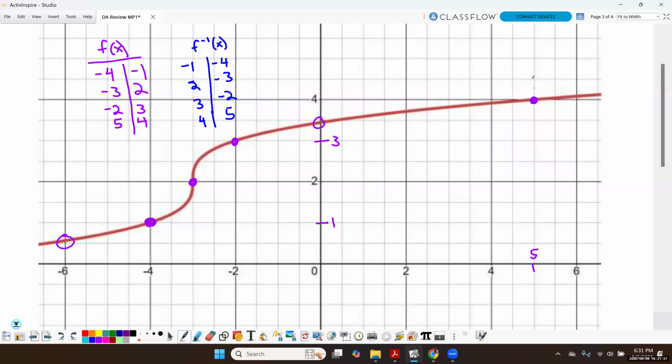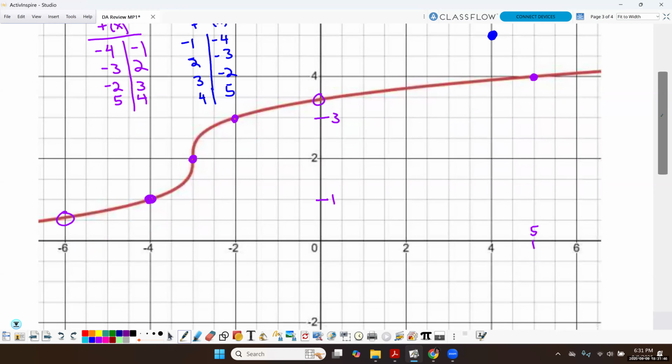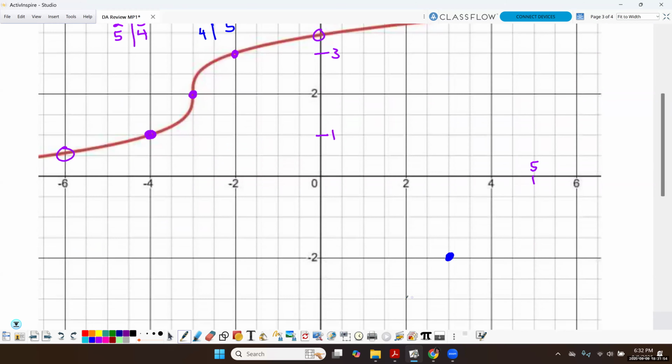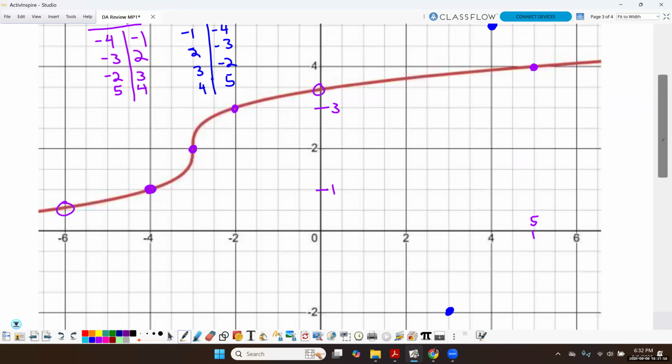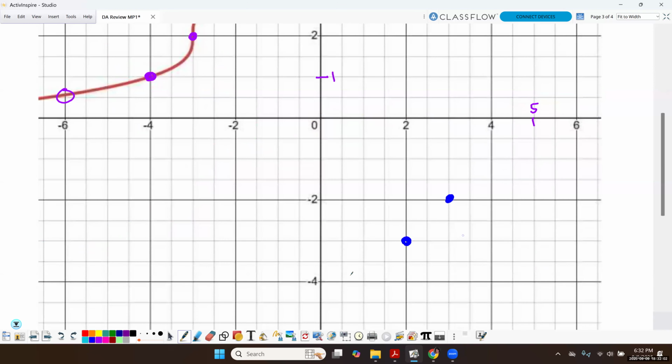I'm going to have to do the 4, 5 one first. 4, 5 is up here. Then I've got 3, -2. And I've got 2, -3. And then I've got -1, -4.